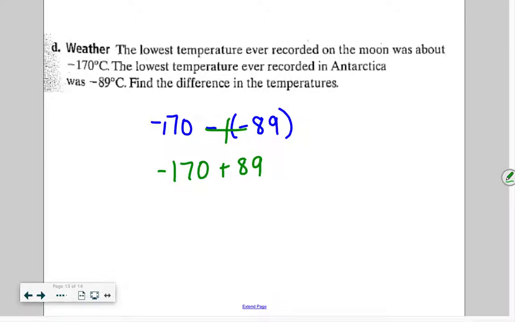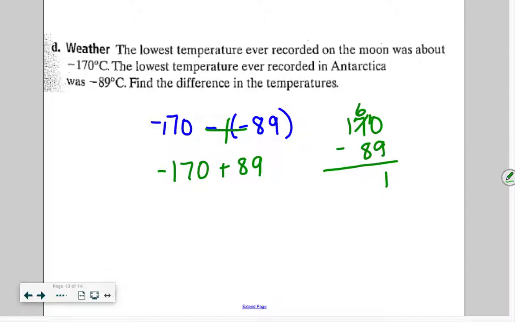One's negative, one's positive, so now what? What are we going to do? Don't I subtract these two numbers? 10 minus 9? 1.